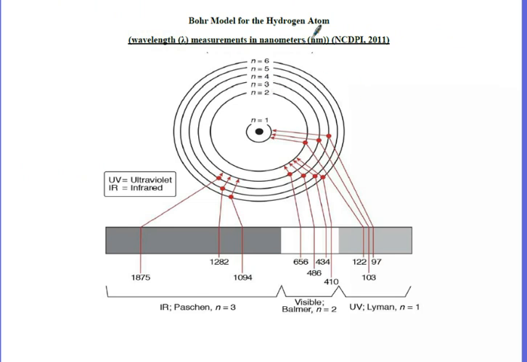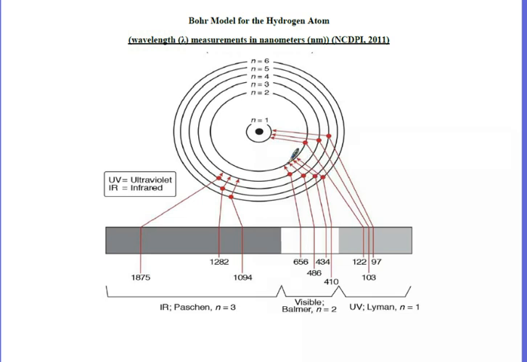So if you do have access to a copy of the reference material, the Bohr model for the hydrogen atom. This is when we're talking about energy changes and wavelengths of photons, the wavelength of light that comes as a hydrogen's electron moves from higher energy back down to a lower energy level.